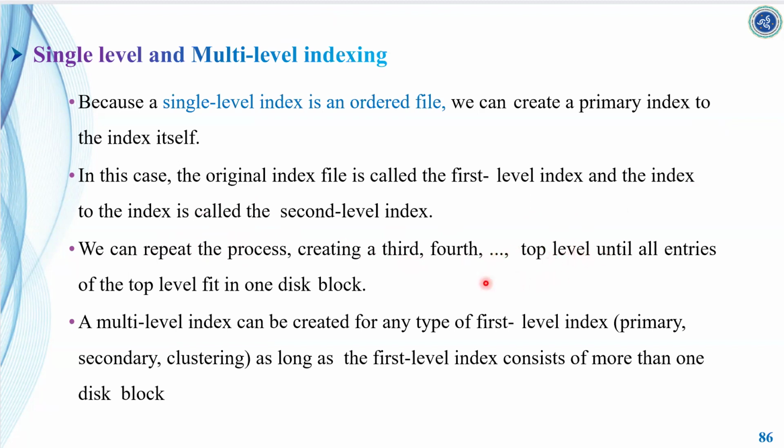That is why it is called multi-level indexing, continued until all the entries of the top level fit in one disk block. Multi-level indexing can be created for any first level indexing consisting of more than one disk block.